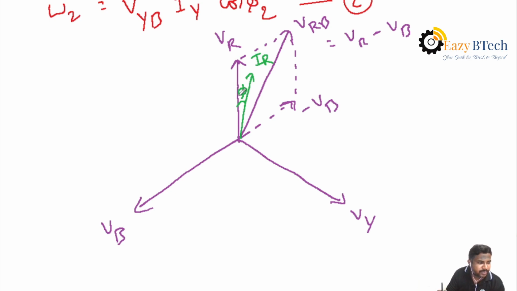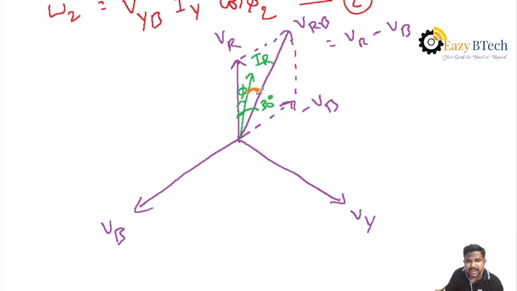Then in star connection, what is the angle between the phase voltage and line voltage? It is nothing but 30 degrees. Then what about the remaining angle? We require the angle between IR and VRB. Why? Because these are the quantities read by the wattmeter, VRB and IR.